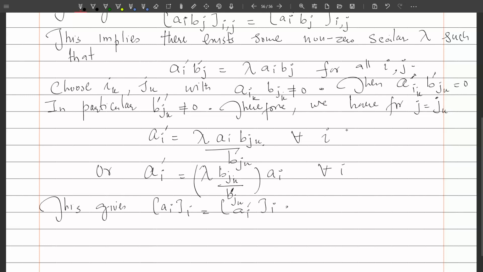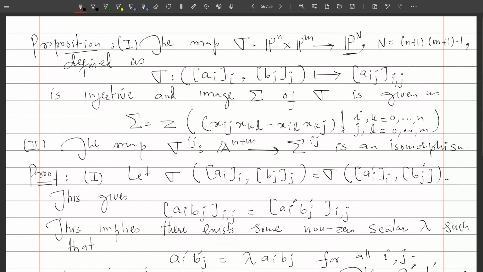So similarly, one can prove that the vector bj sub i is same as bj prime.